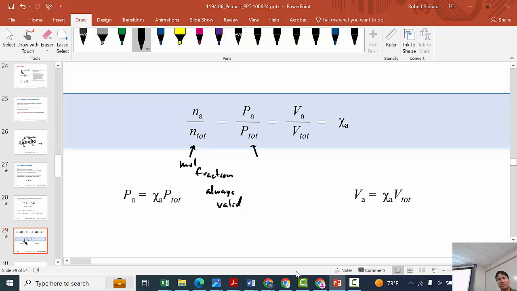And this is the pressure fraction. The pressure fraction is valid when we have constant volume.